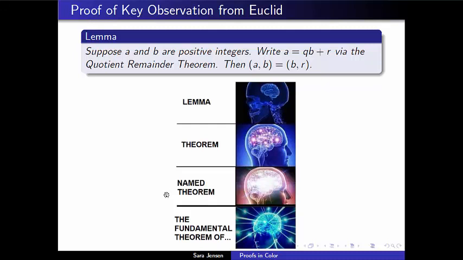Particularly when it's named after a person, you know you've got something important there. And last but not least is something we have seen an example of already. If you're looking at a theorem and it is called the fundamental theorem of, that is the be-all, end-all of theorems. It's super important, and you better have it memorized. So that's just a little bit of a hierarchy of the way that things are named in mathematics, which I found confusing when I was learning.